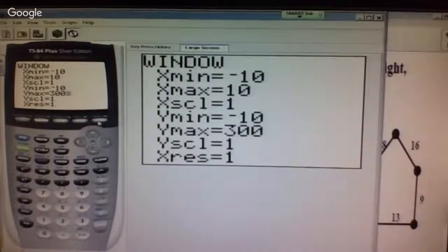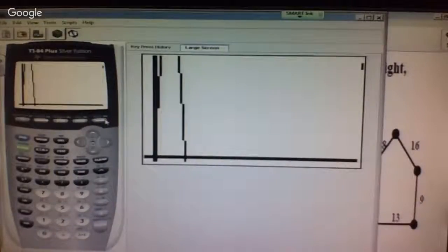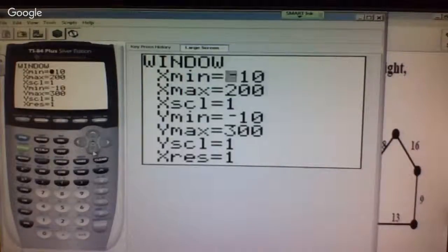Okay, I can't see when it comes back down on the ground, so I need to see farther out to the right. Your X max. Perfect. So how much? Do about 200. You shrunk it a little too much to the right. But you still can't see how high it went. I'm going to go 150 on this.